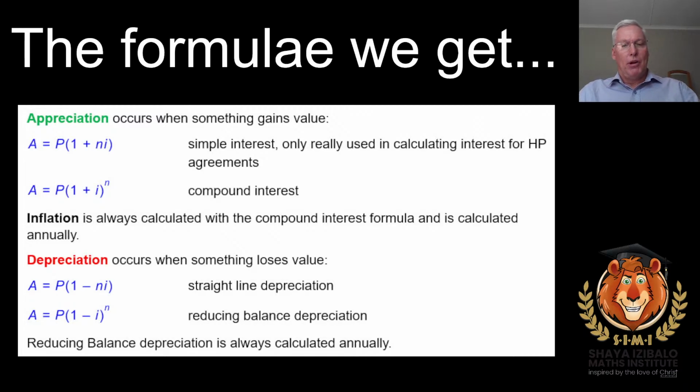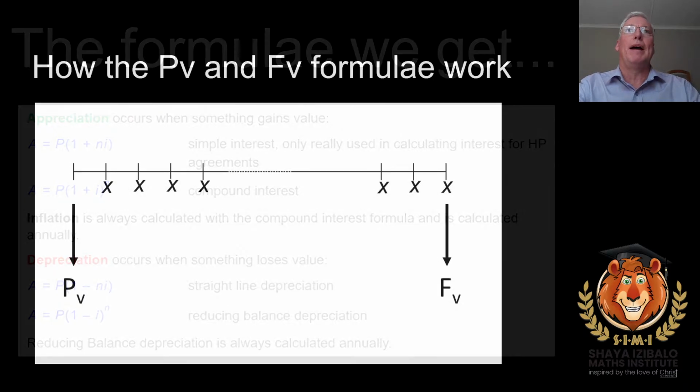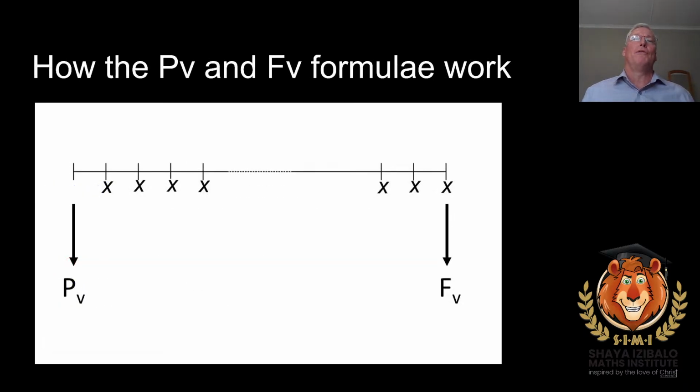I haven't actually got the formulas on the slide, but the main part of the matric maths is the present value and the future value formulae. The really important thing with these is to understand exactly what they tell us.